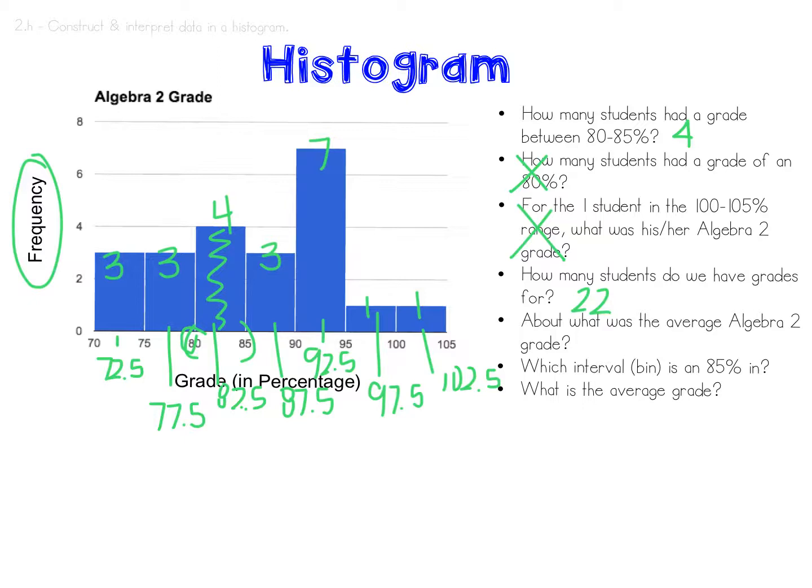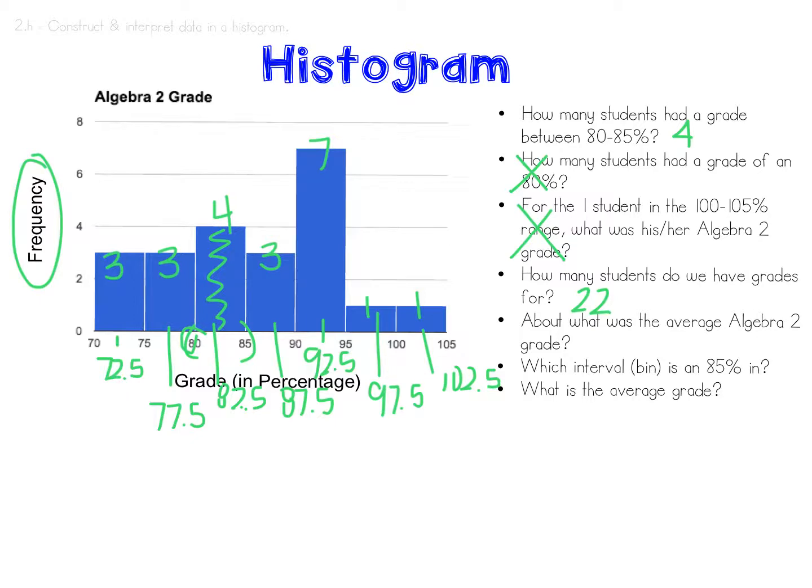Well, if 3 people, let's say, averaged a 72.5, and 3 people averaged a 77.5, and 4 people an 82.5, and 3 people an 87.5, and so on and so forth, I can find the average the same way. I add them all up and divide by how many there are. But instead of knowing the exact value, we just gave these 3 people an average of a 72.5.